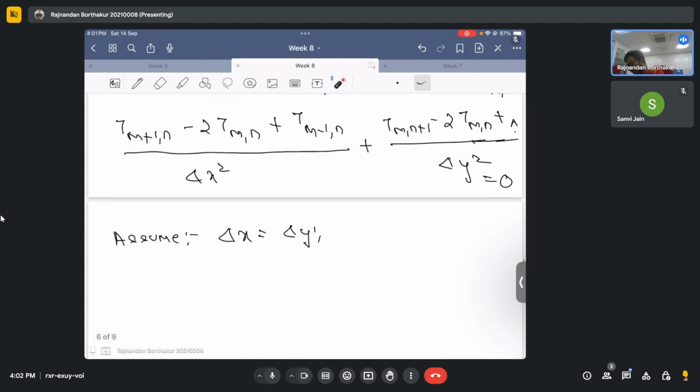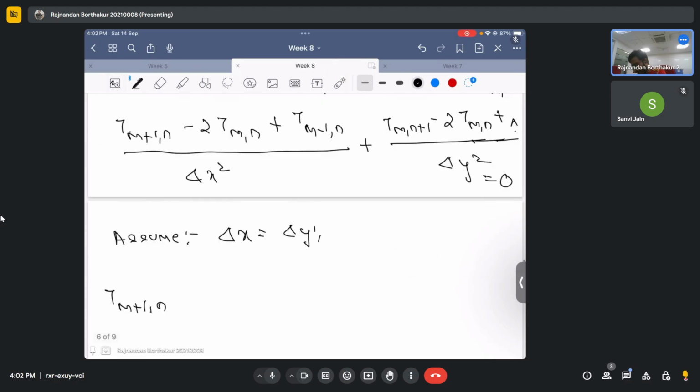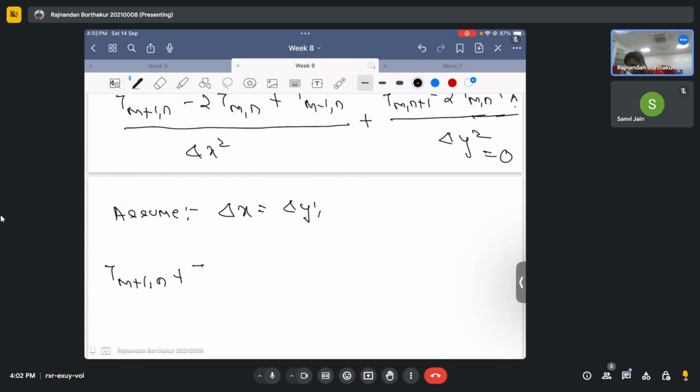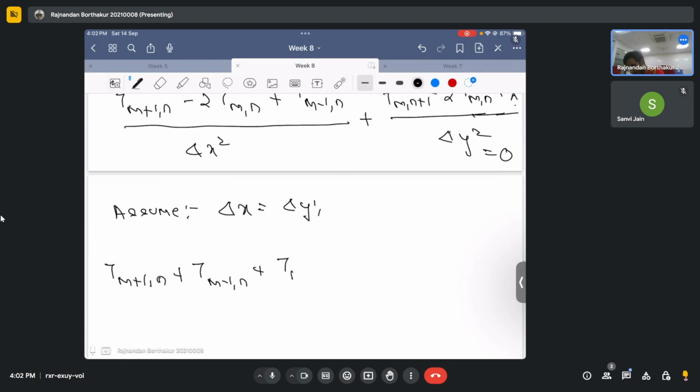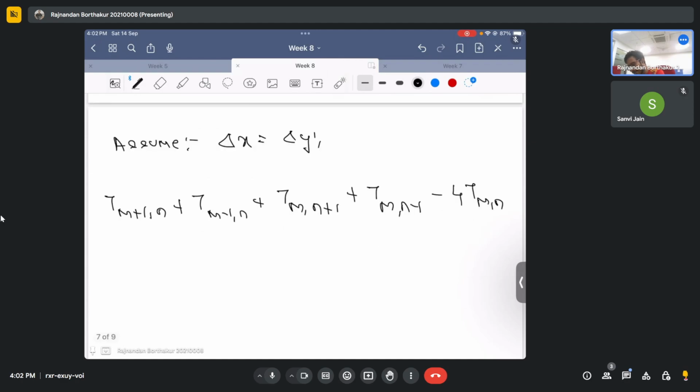So this equation can now be written as T of m plus 1 comma n plus T of m minus 1 comma n plus T of m comma n plus 1 plus T of m comma n minus 1 minus 4 times T of m comma n, and this is equal to 0.